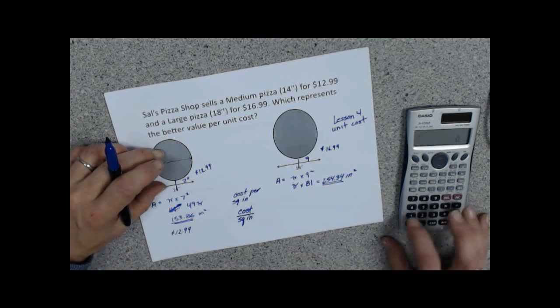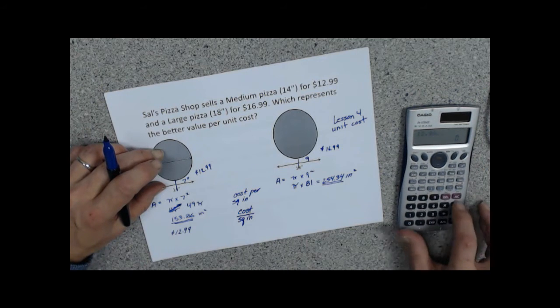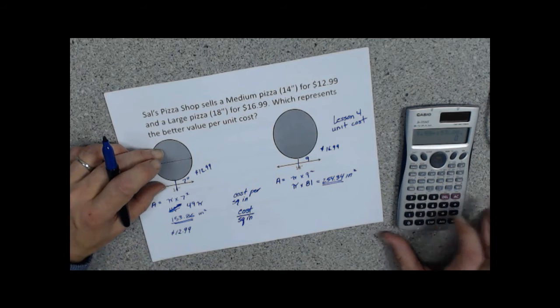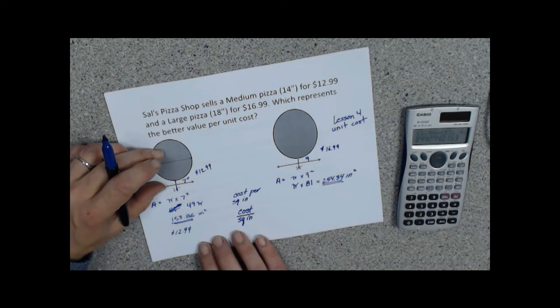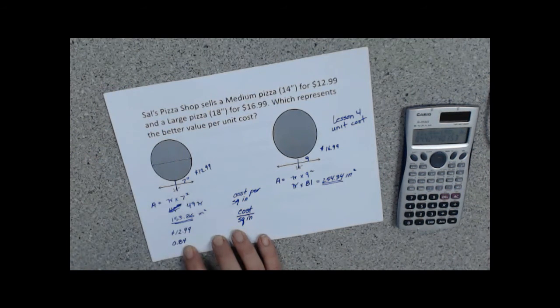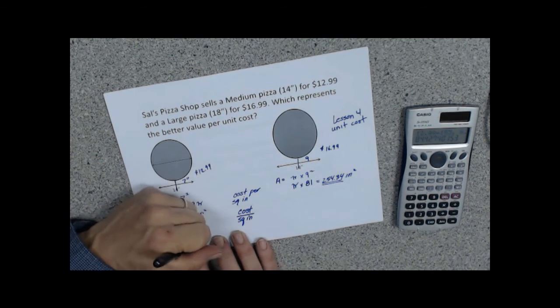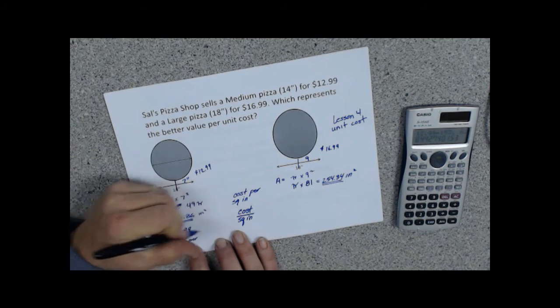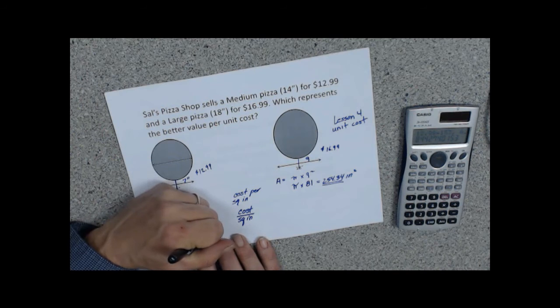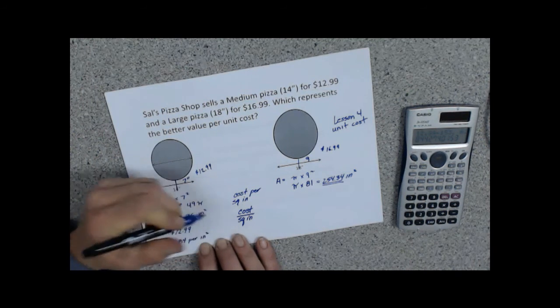So $12.99 divided by 153.86 gives us a price of 0.84. I'm sorry, 0.084 per square inch.